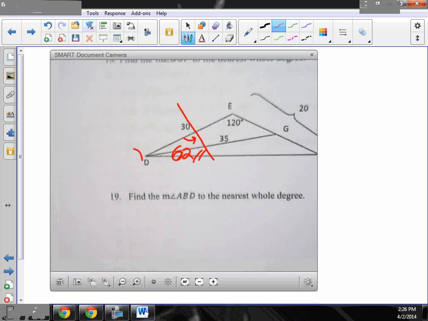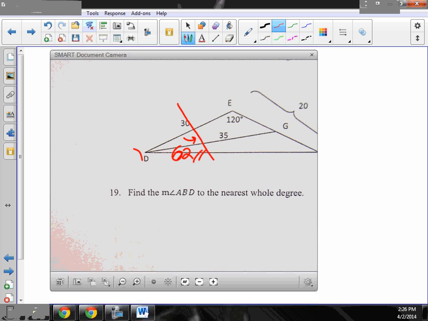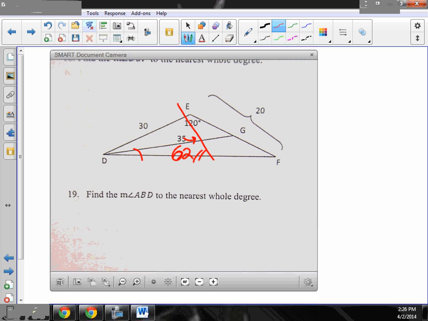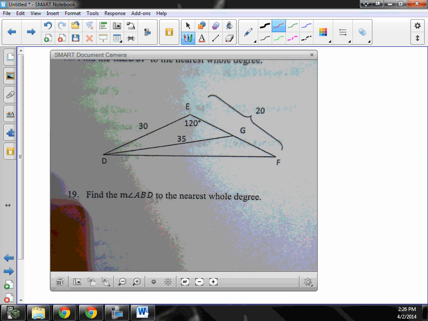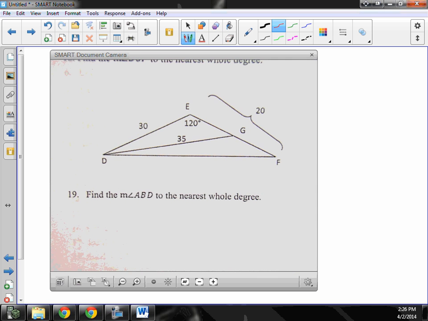And then let's look at the next one. What am I solving for? DGE? DGF? What does that say? DGF. So I want to find the measure of this angle. How would I do that?